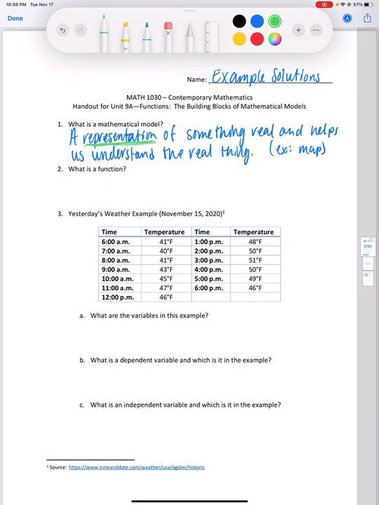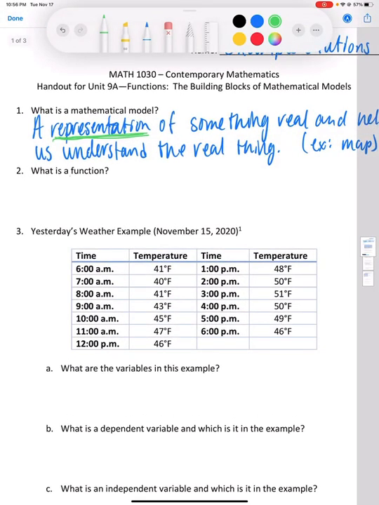What is a function? Well, a function is actually something fun, right? Because the first three letters of function are fun. So remember that's what we're going to do. Let's have fun. A function is a special kind of relationship between two quantities that change.